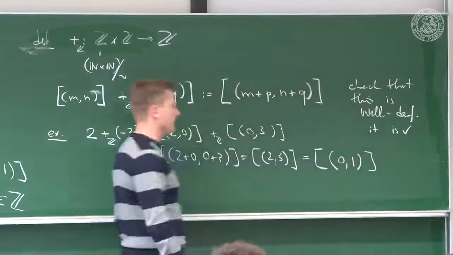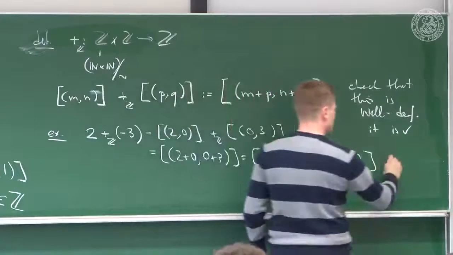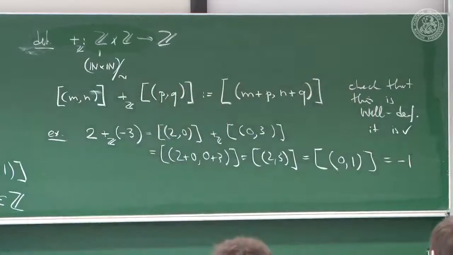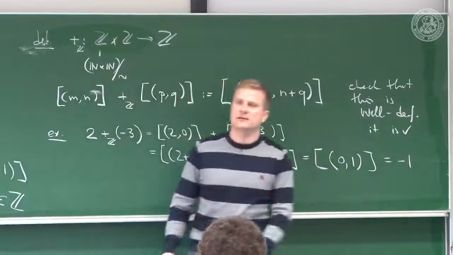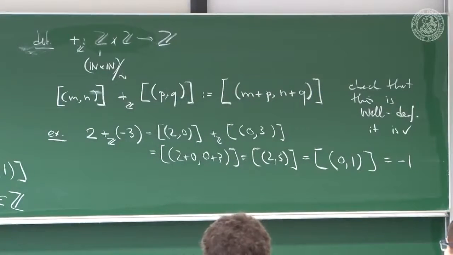It's the same equivalence class as 0, 1. But 0, 1 has the trivial name minus 1, according to this definition. So 2 plus minus 3 is minus 1. Hallelujah. This is how this works.